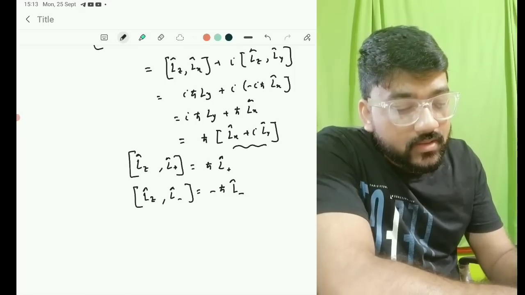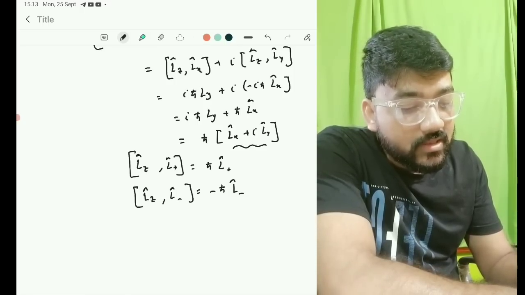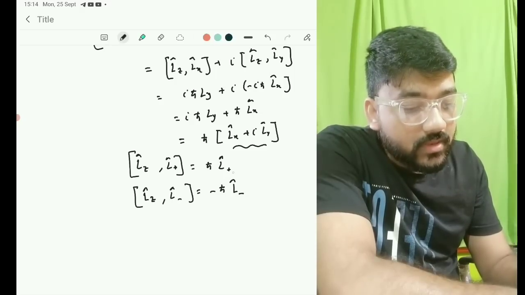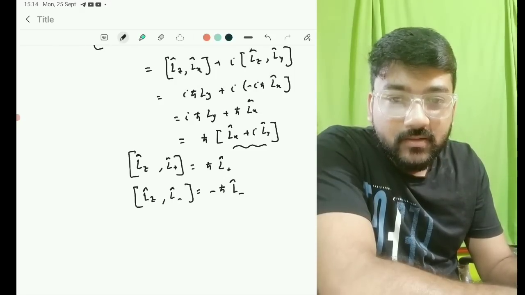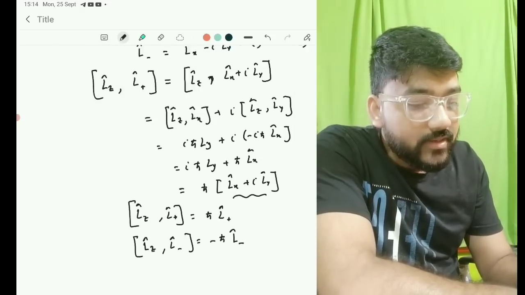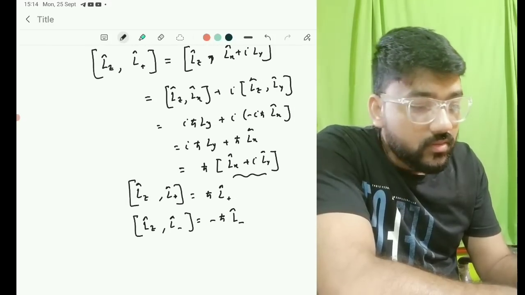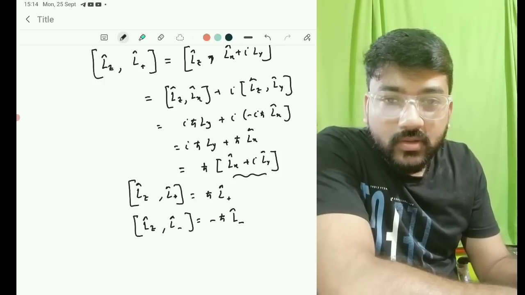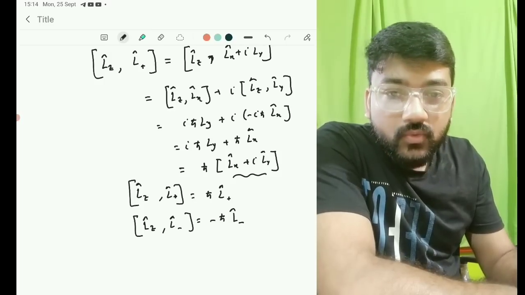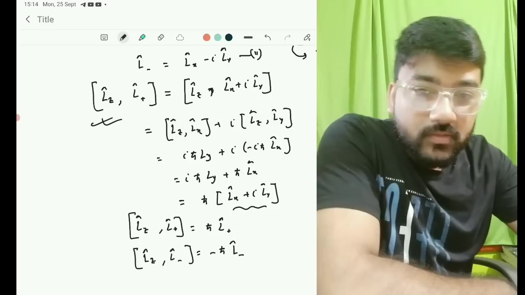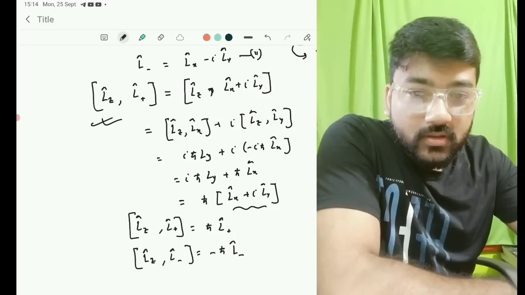You can also see the result with Lx and Ly instead of Lz, which will sometimes give you Lz, so you can check this result. These kinds of results you have to remember. Otherwise, you should understand how to prove them, because if you want to prove such results, you can.